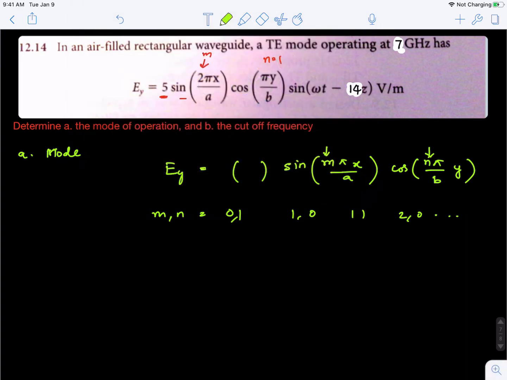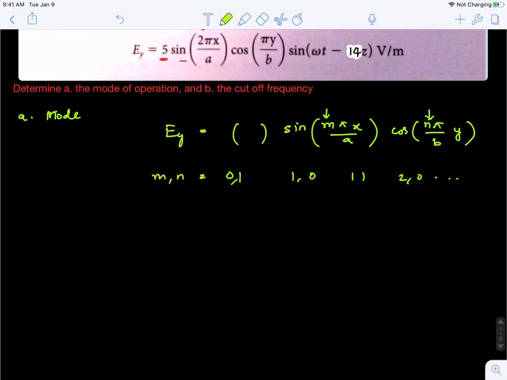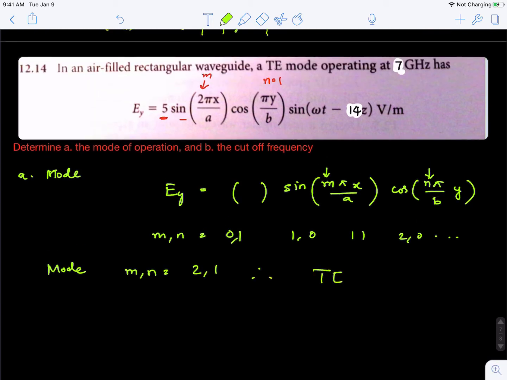So basically the mode of this particular question is, as a consequence, mode m,n equals 2,1. So it's a TE21 mode. TE is already given in the problem. We are just saying that it's a TE21 mode.